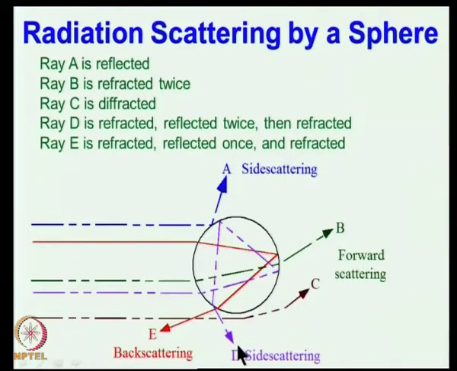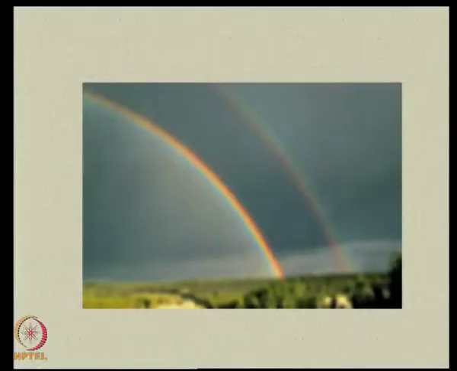And then ray E is refracted, reflected once and refracted. So, all these have some role to play in your rainbow.